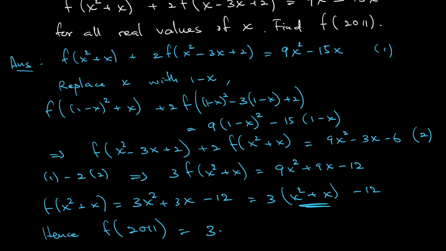So 3 multiplied by 2011 minus 12, divided by 3, so this is negative 4. Sorry for that, same thing, this is negative 4, because you divided by 3 from here to here. So this will give you the final value of 6029.